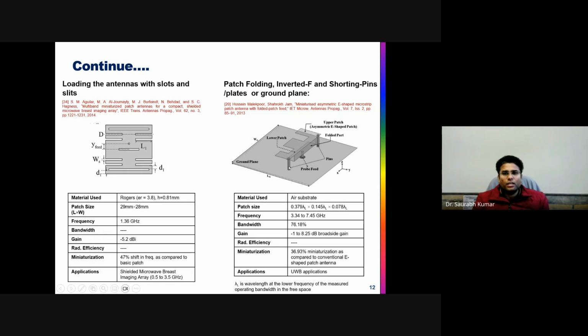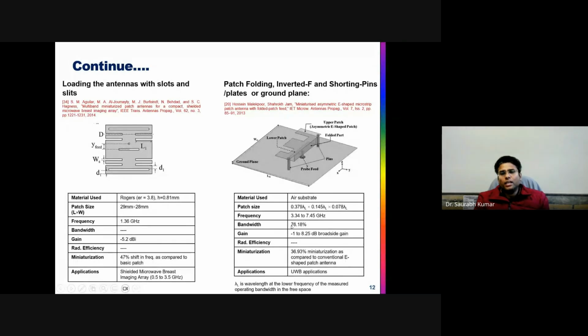These are the folded portions, and these are the shorting pins. Due to which the electromagnetic wave will be bouncing back and forth between the patch and the ground plane, and once it reaches the half wavelength, there will be the radiation. Due to the uneven structure and this folding, you will have cross polarization radiation.